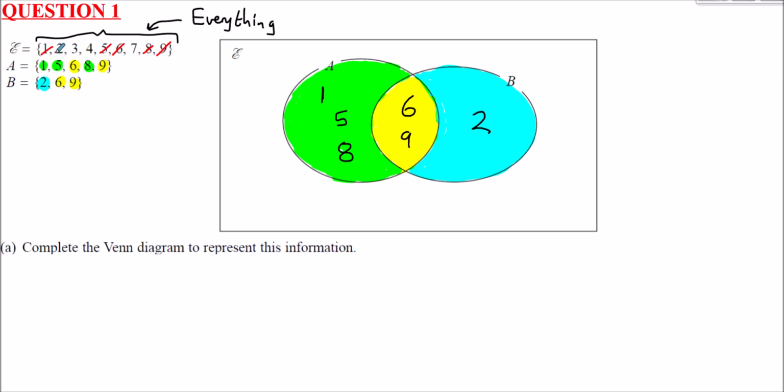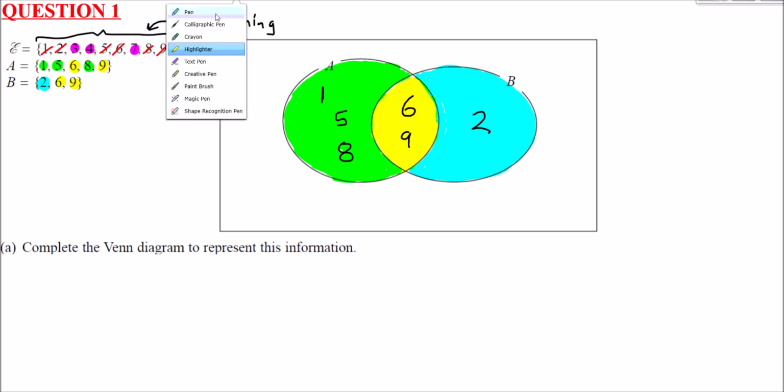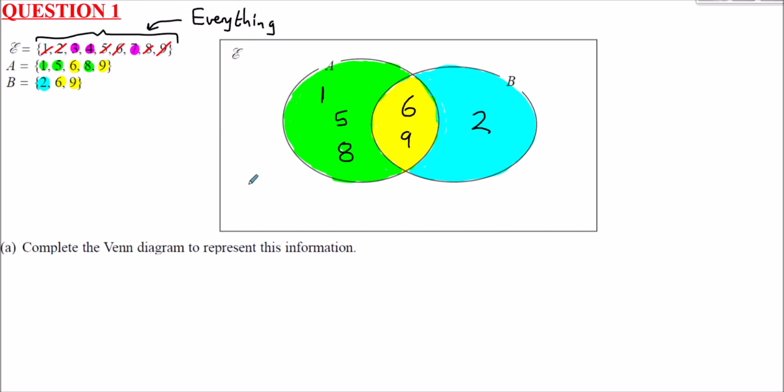However, if I cross off this 2 here, you will see that we still haven't included 3, 4, and 7. So the numbers still not included, in this case 3, 4 and 7, lie outside of these oval regions, but inside the rectangle itself. And so in any order, we put 3, 4 and 7 on the outside of these regions, but inside the rectangle itself.